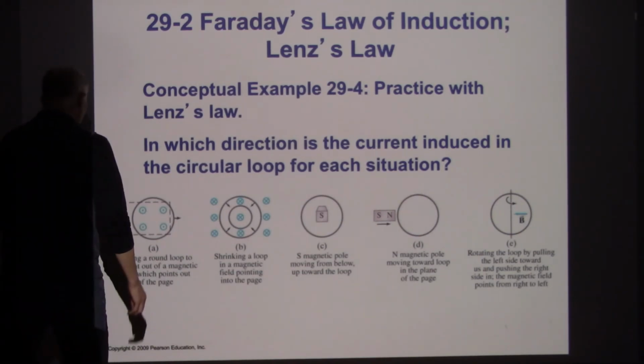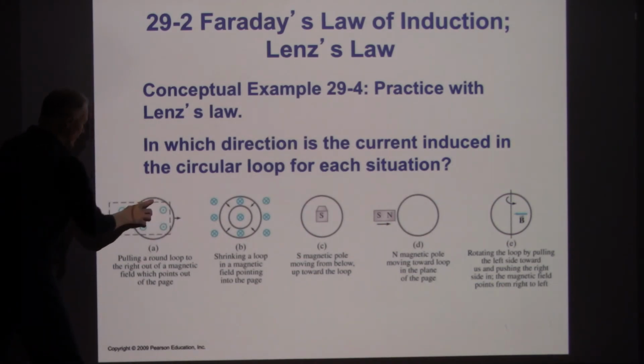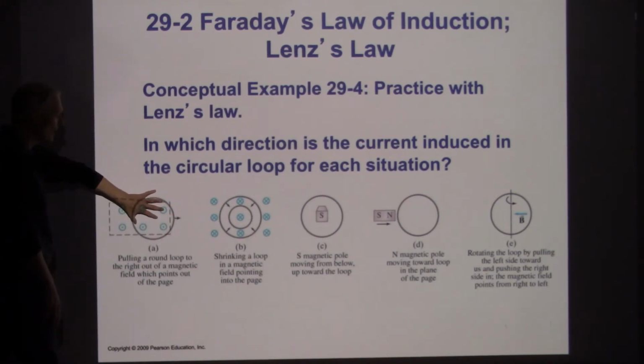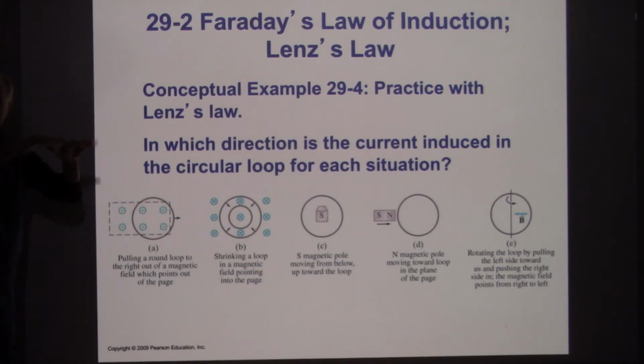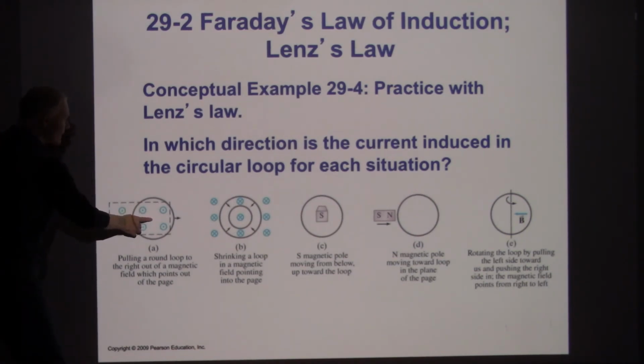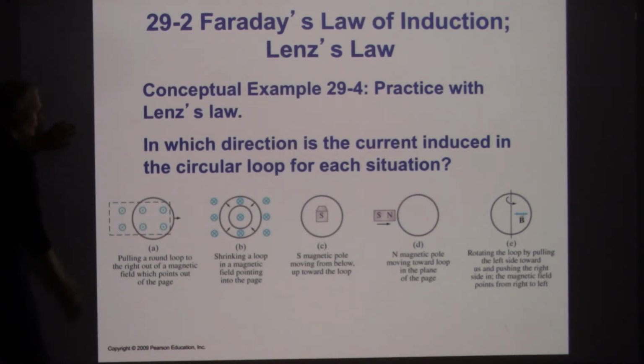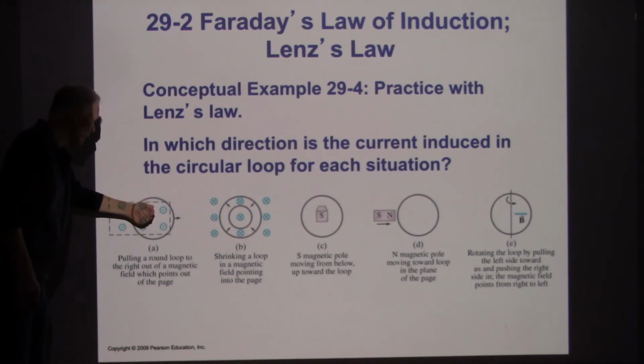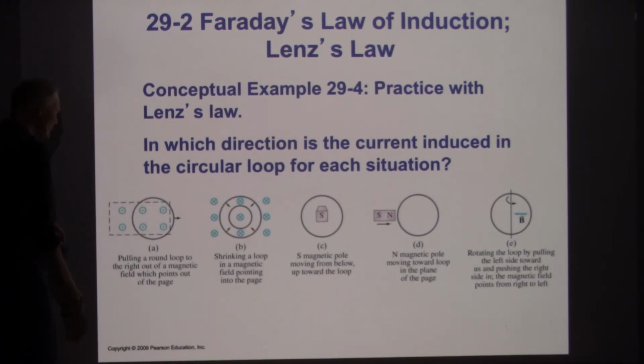So if we have a current loop, and there's a magnetic field region here, as we pull the loop out from the magnetic field region, the flux will drop off. So I'm going to define the area vector to be in the same direction as the magnetic field vector. That's usually the easier definition. So I'm going to pick the area vector to be coming out of the board here in the same direction as the magnetic field direction.